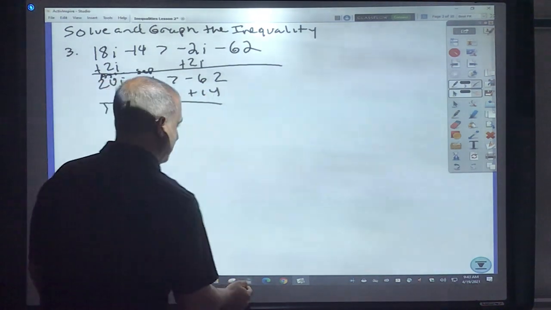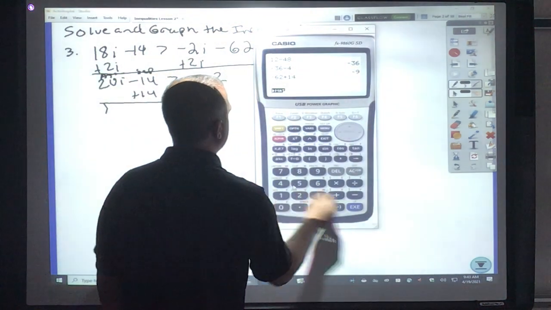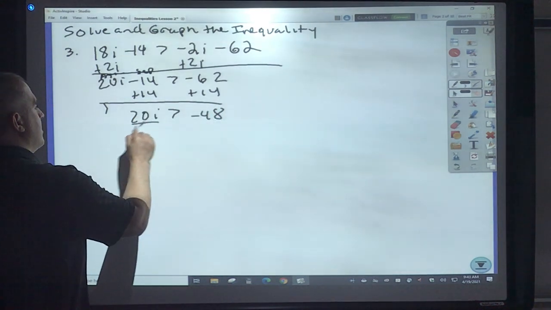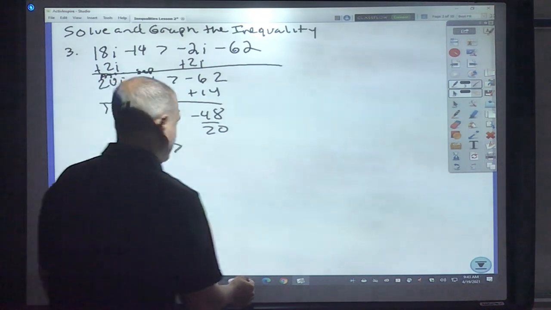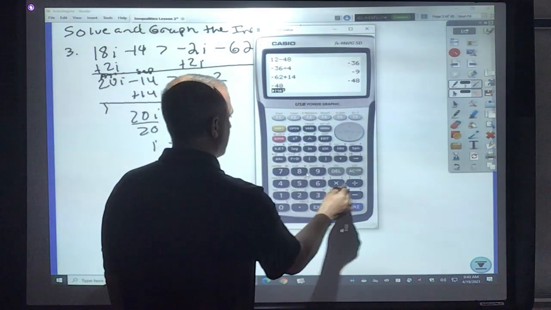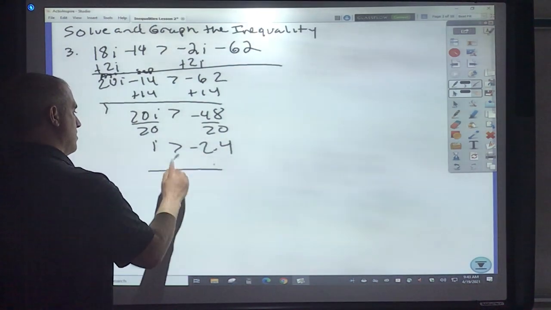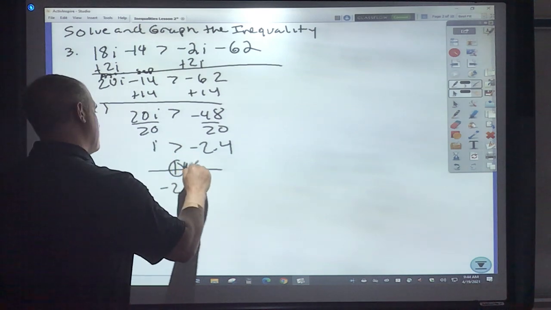So I got negative 62 plus 14 is negative 48. 20i, I want to divide everything by 20. Okay, I is greater than negative 48 divided by 20, which is negative 2.4. Open circle on negative 2.4. Since it's eating the I, I would shade to the right.